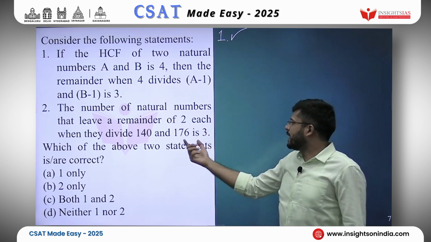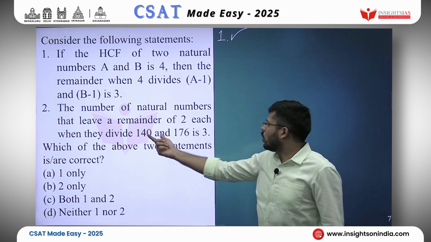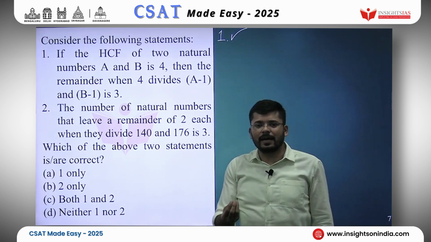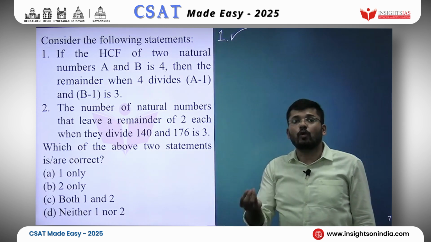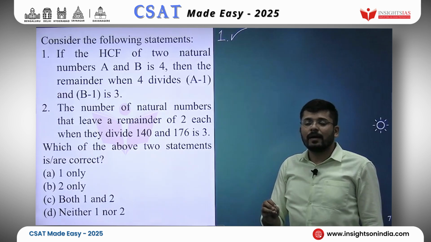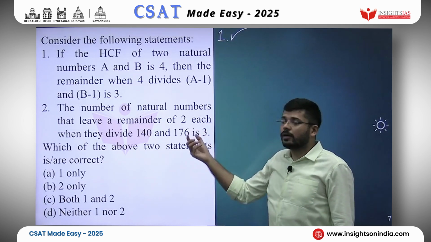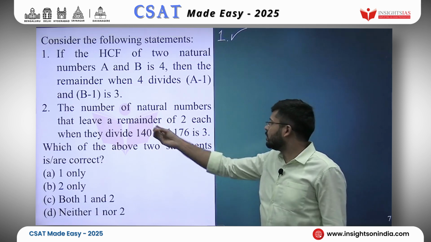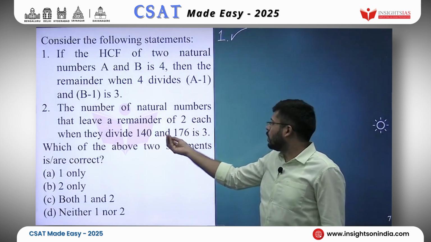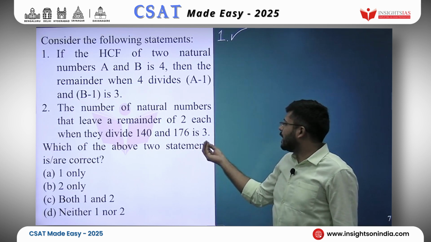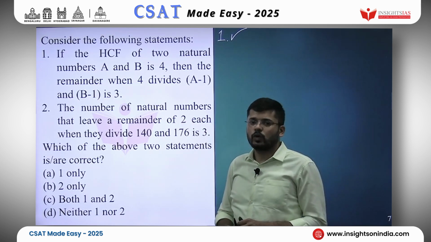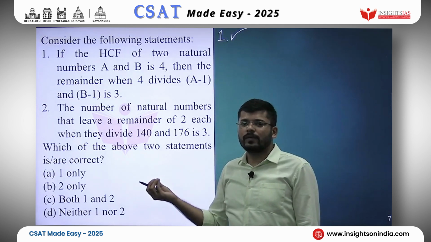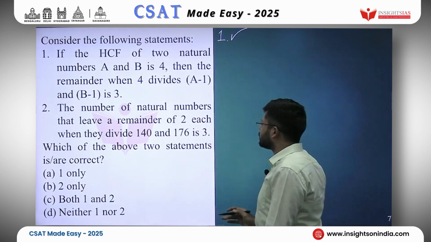We will take the HCF of 140 minus 2 and 176 minus 2, and after getting the HCF, we will see how many of its factors are not less than or equal to the remainder. That many numbers will divide 140 and 176 and leave a remainder of 2. It might sound a bit confusing, however when we solve it you will understand it better.